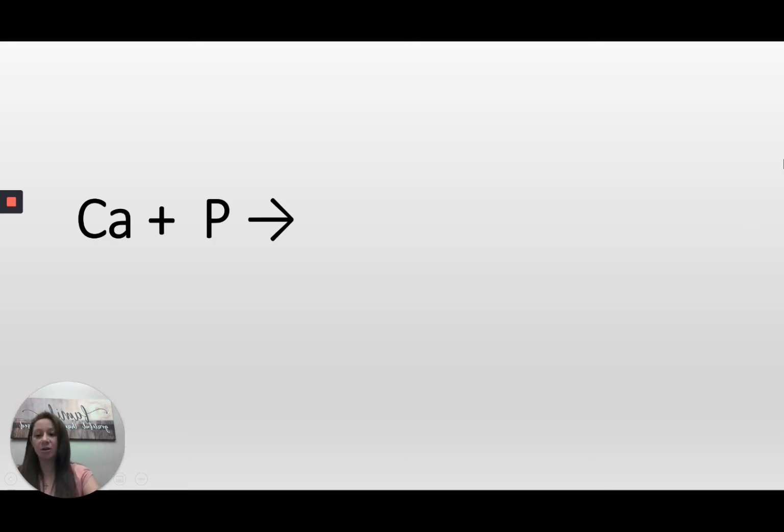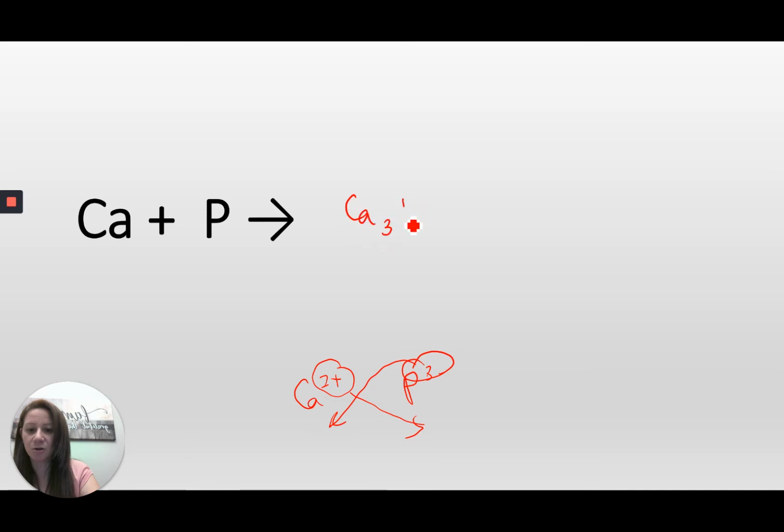We all know that ionic compounds have ions, have charges, and so we have to make sure that the charges are neutral. I know that I have calcium, and the calcium ion is 2+, and then phosphide, which is 3-. So I'm going to switch these around, and I'm going to have Ca3P2 as my product.